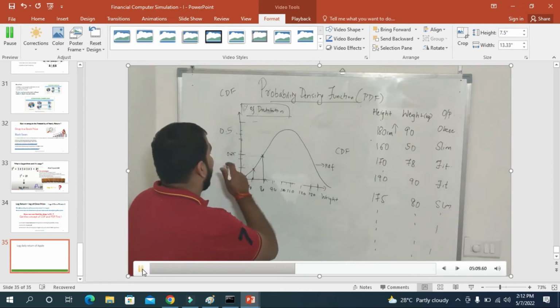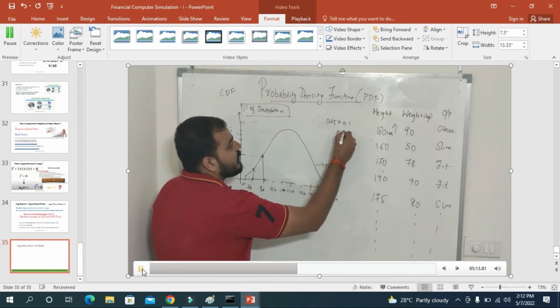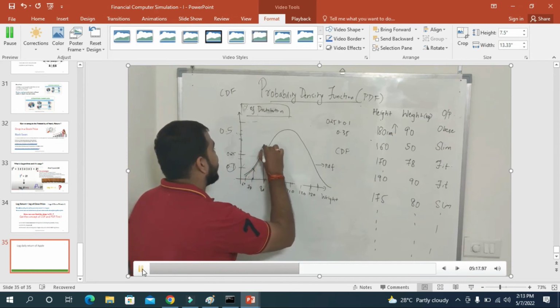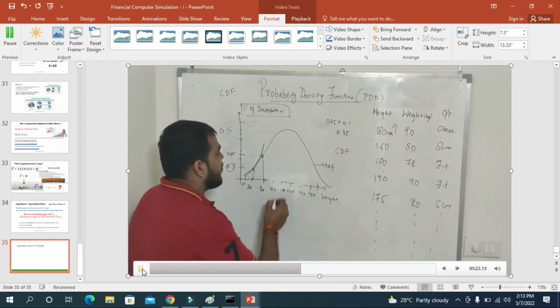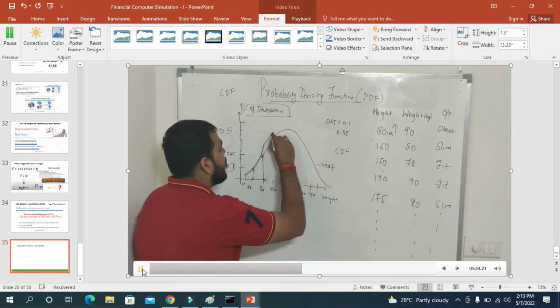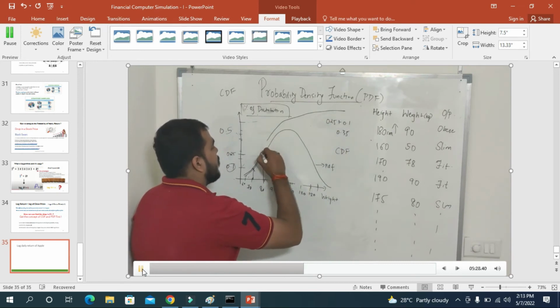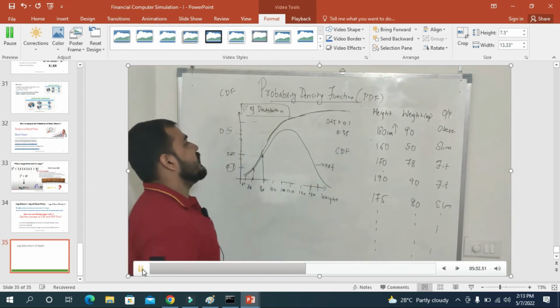When I add this value, the total will be 0.25 plus 0.1, which is nothing but 0.35. Now my cumulative density function will have a line like this. Because I'm adding these two points, and with respect to each and every point I'll be adding, and finally you'll see a curve that looks something like this. This is what a curve of a cumulative density function looks like.